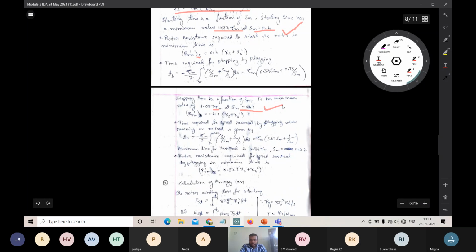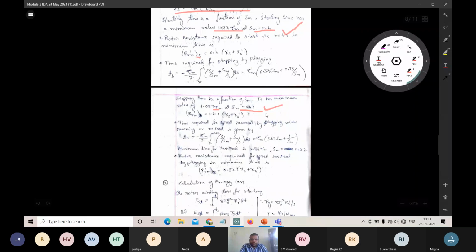If we use the same rotor resistance at the time of braking, the rotor resistance required to break or plug the motor will be given by 1.47 times the reactive impedances, that is XS plus XR dash.